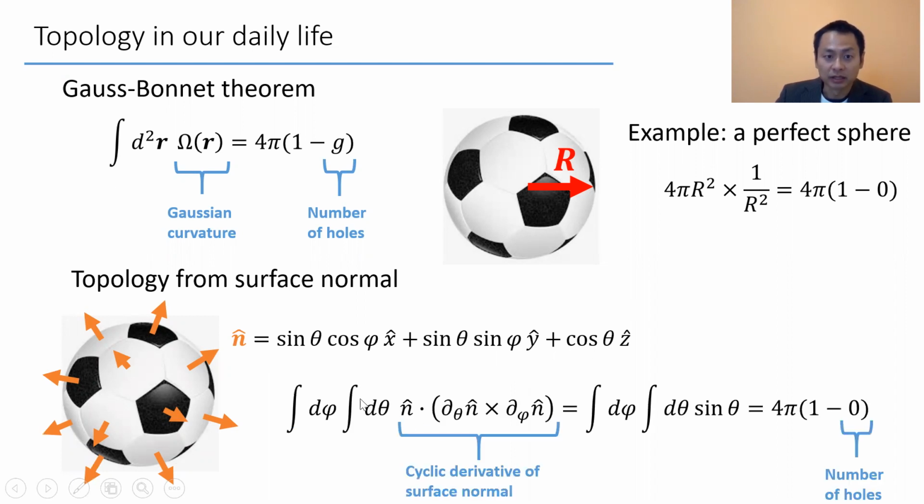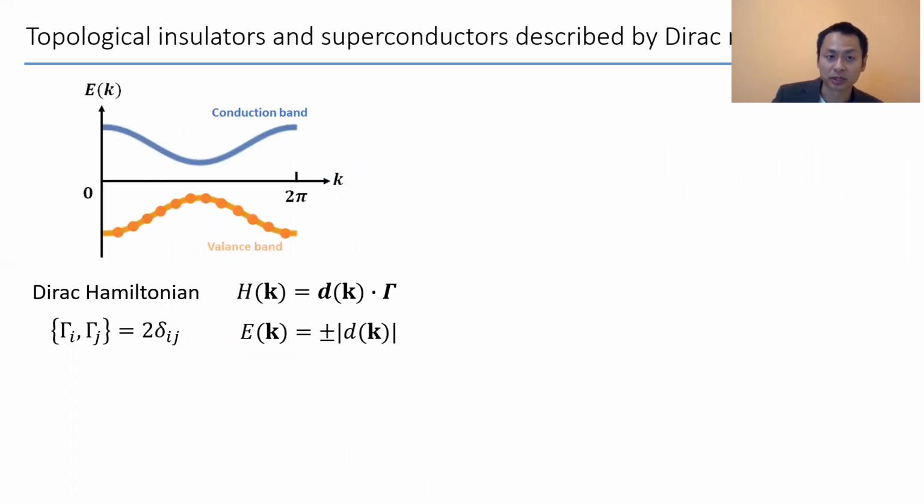Now, you can calculate the number of holes using what we call the cyclic derivative of the surface normal, namely n dot derivative of theta n cross derivative of phi n. And this formula actually just gives you the integration of sine theta. And as you know, this will also give you 4 pi times 1 minus 0. So in other words, you can calculate this topology in the form of integrating the cyclic derivative over the two-dimensional coordinates as well.